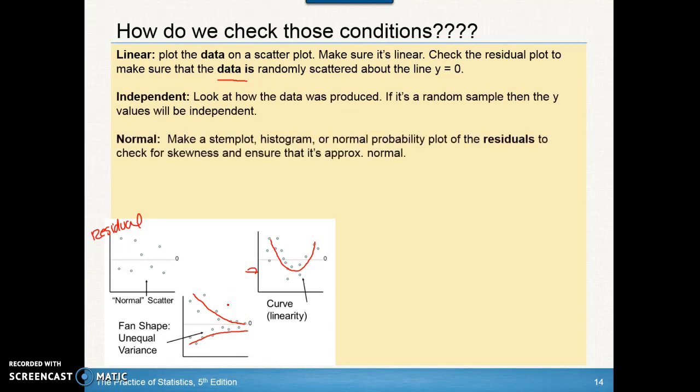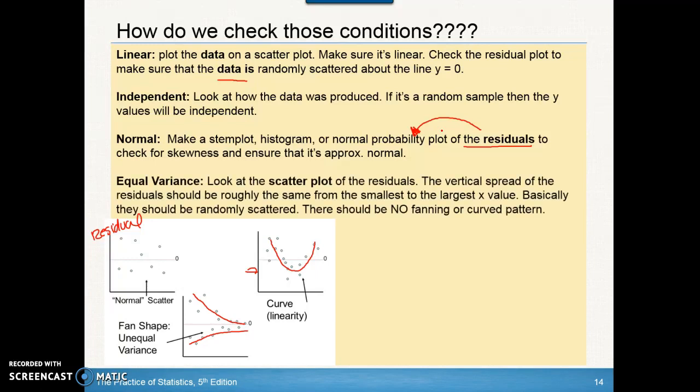For your normal condition, you can make a stem plot, a histogram, or a normal probability plot of the residuals. I would look at the normal probability plot of the residuals to check for skewness and make sure it's approximately normal. Now, that just means, remember, how do we use the normal probability plot? Your normal probability plot of the residuals needs to create a straight line.